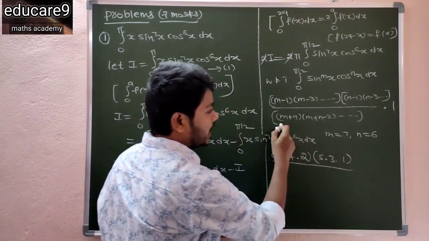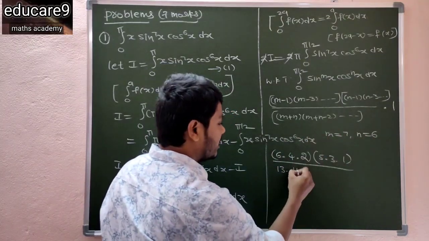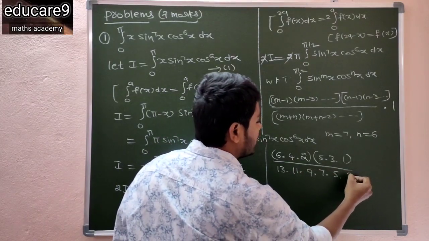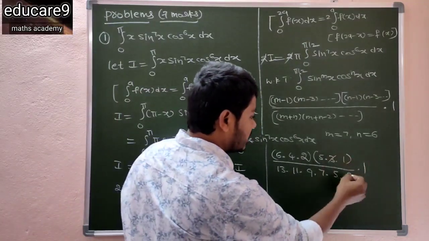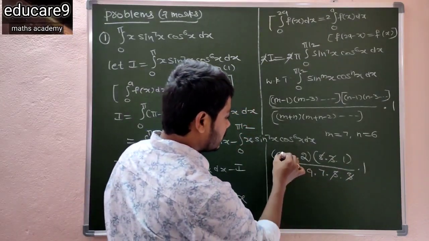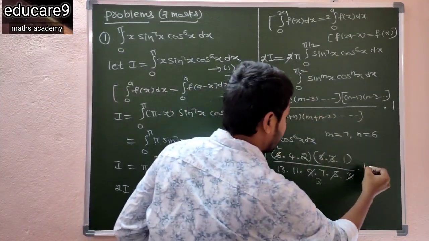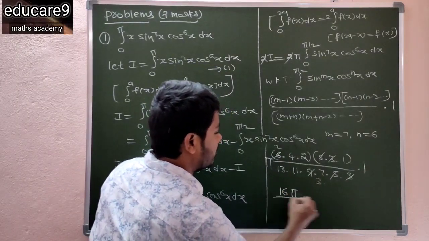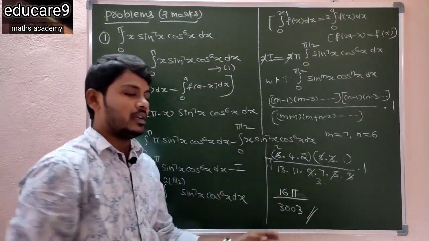So divide by m plus n, 7 plus 6 is 13, 13 minus 2 is 11, next numbers 9, 7, 5, 3, into 1. So clearly here 3 and 3 get cancelled, 5 and 5 get cancelled. Now here pi is there, so write pi. Therefore this is 16 pi divided by, multiplying this, you will get 3003. So this is the required answer.